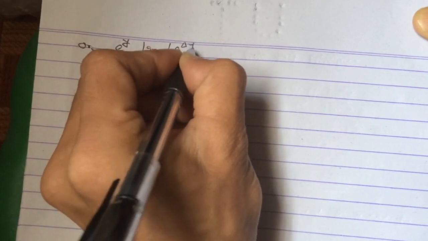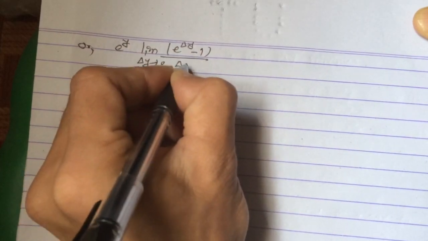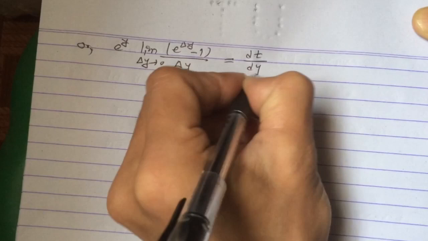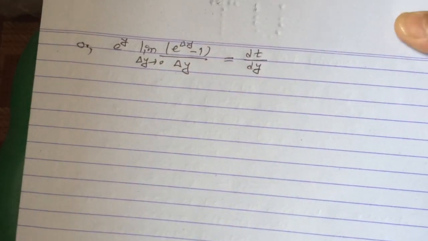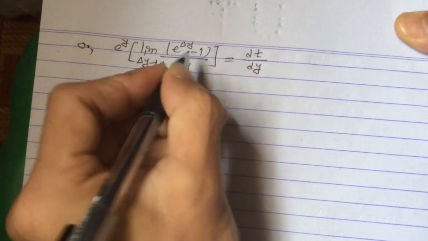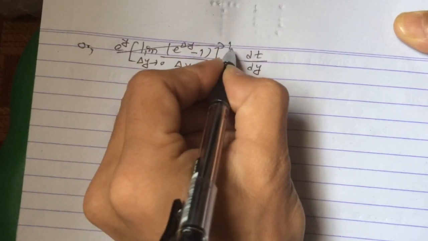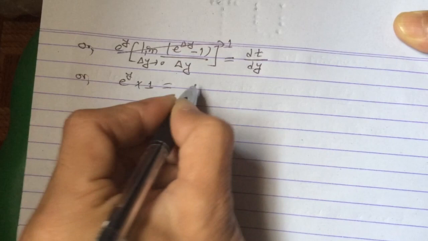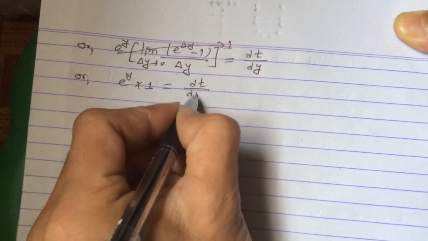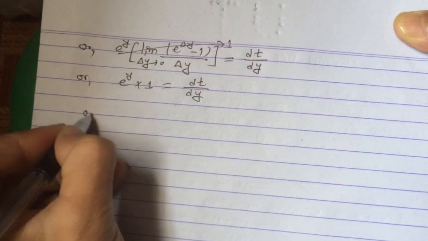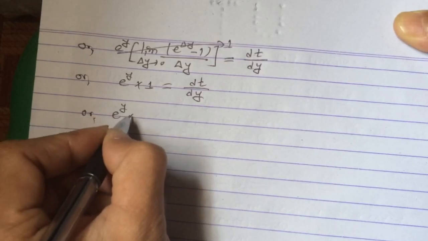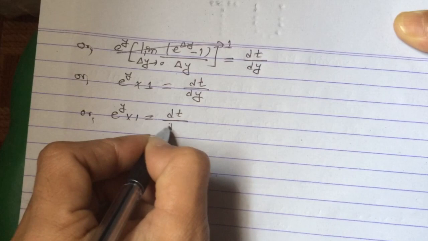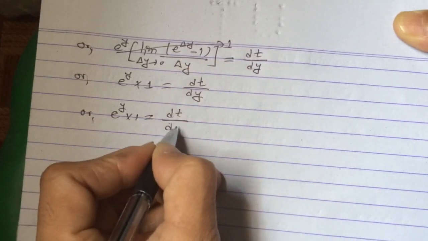So you get exponential y times limit del y tends to 0 exponential del y minus 1 whole divided by del y is equal to, and the limit del y tends to 0 del t by del y means dt by dy. After using the standard relation of exponential del y, we get exponential y multiplied by 1 is equal to dt by dy.